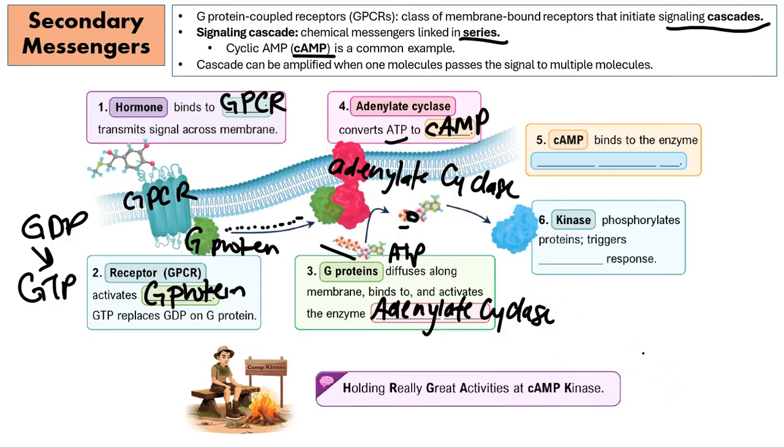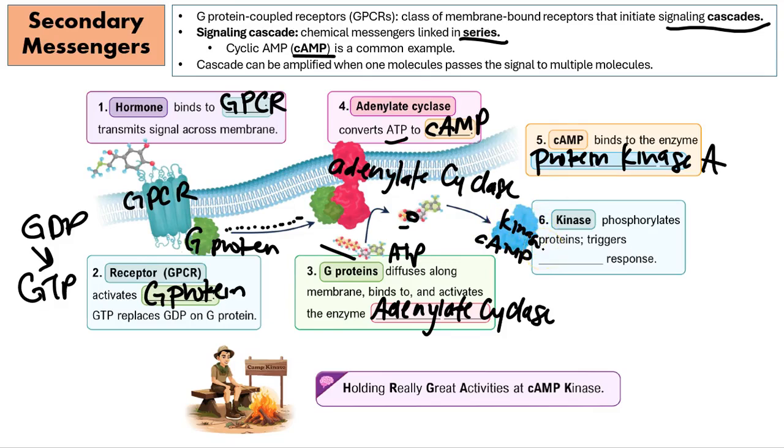That adenylate cyclase enzyme is going to convert ATP to cyclic AMP. Now, once that cyclic AMP is created, it's going to bind to yet another protein, and that's going to be protein kinase A, okay? Once it binds to this protein kinase A, you'll see that you have a little bit of cyclic AMP binding to the kinase protein, and this is our kinase in blue.